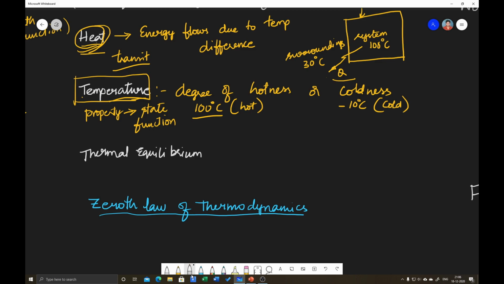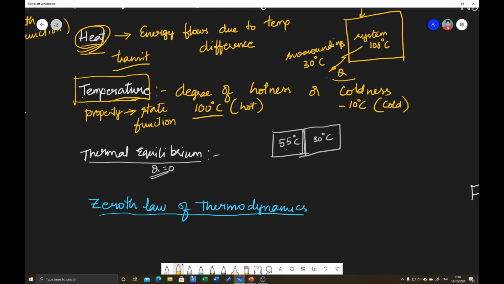So coming to thermal equilibrium, thermal equilibrium is a condition where there will be no heat transfer. Heat will not transfer from one place to another place. Say suppose there are two bodies, one at 55 degrees centigrade and another at 30 degrees centigrade, and these two bodies are in close contact.